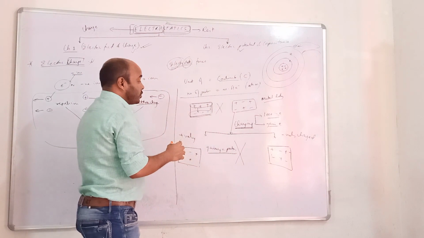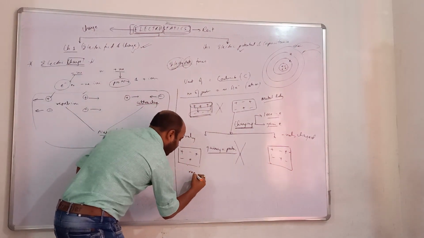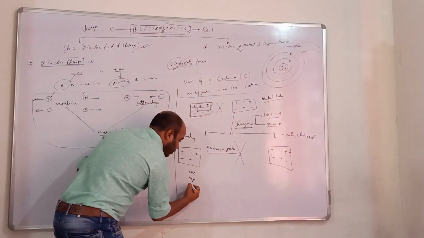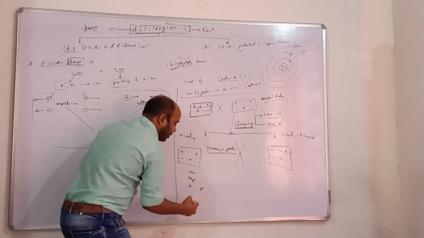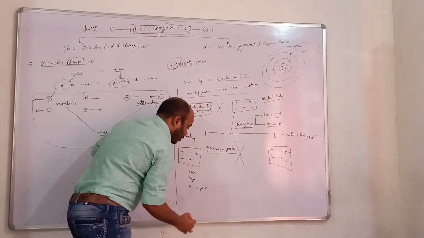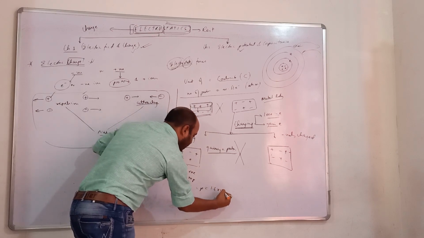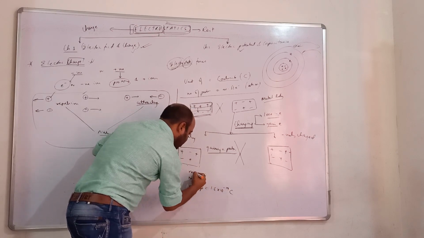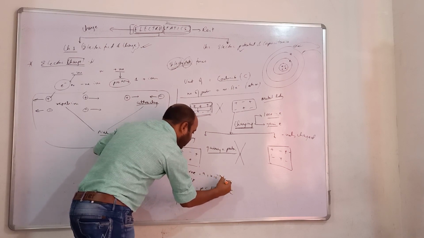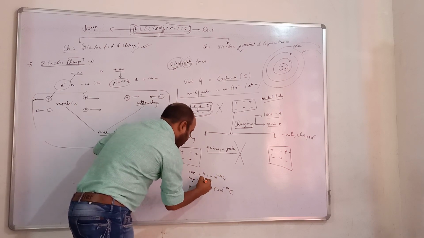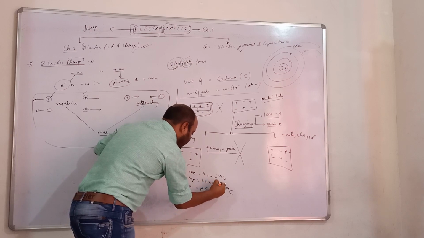So these things you need to study. What are those? Mass of electron, mass of proton, charge of electron, charge of proton. The charge of electron and charge of proton is 1.6 into 10 to the minus 19 coulomb. Mass of electron, 9.1 into 10 to the minus 31 kg. Mass of proton, 1.6 into 10 to the minus 27 kg.